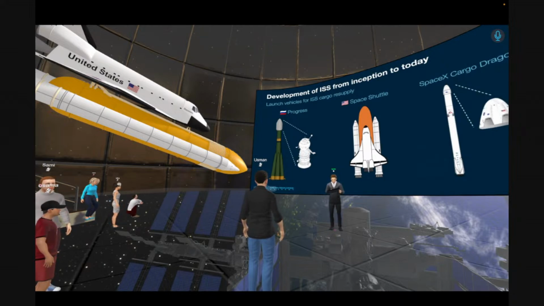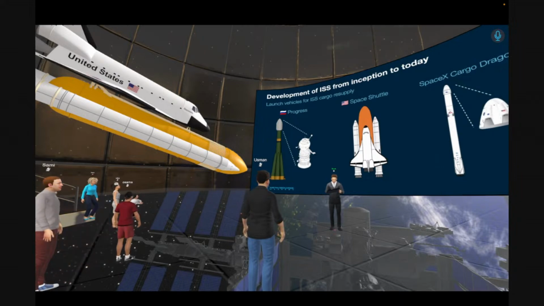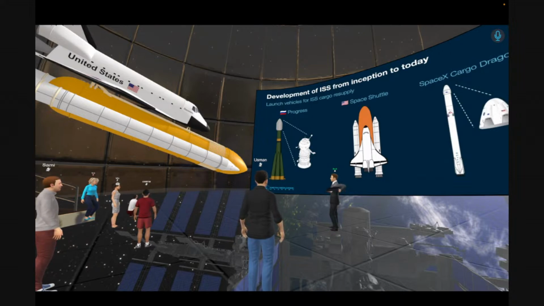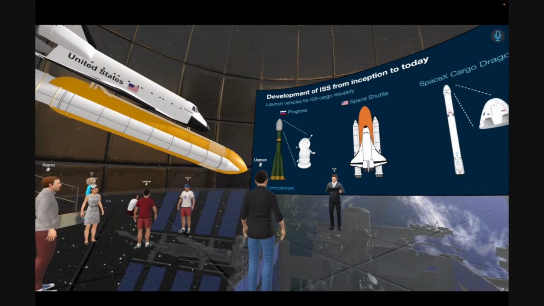And this little vehicle is called Progress. Those Progress vehicles docked to the Russian side of the space station. In the middle we have this space shuttle that can dock to the US side of the space station.